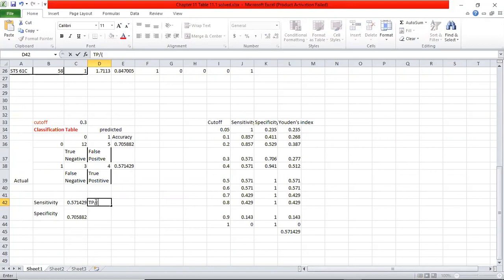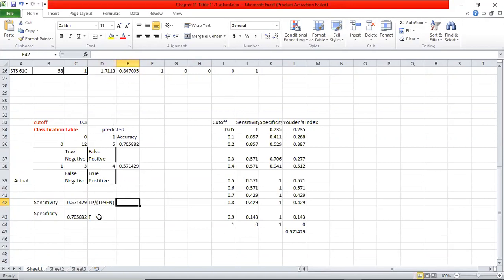It is true negative divided by true negative plus false positive. That is the equation. Sensitivity is true positive divided by true positive plus false negative, meaning how many ones are correctly classified. Specificity is true negative divided by true negative plus false positive. Sensitivity means how many ones are correctly classified as ones, and specificity means how many zeros are properly classified as zeros.